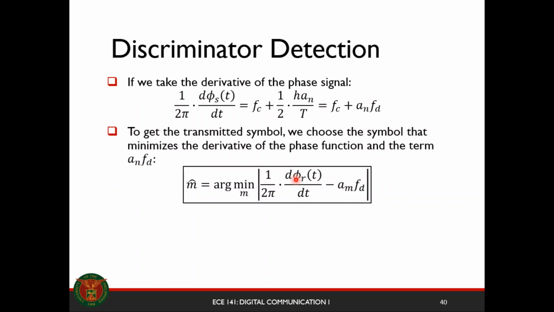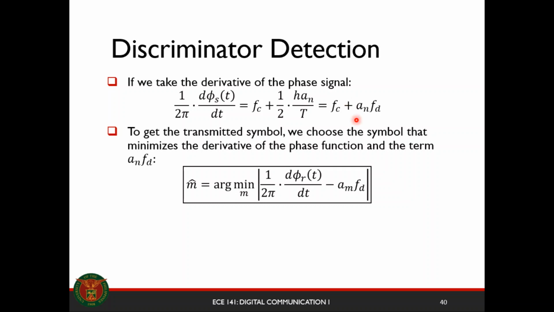A discriminator is wherein you use the derivative of the phase. And by using a discriminator, you can get the transmitted symbol by minimizing this expression inside. So if you get the derivative of phi s of t, you get the instantaneous frequency of your CPM signal. And that is equal to basically Fc, your center frequency, plus your symbol times the maximum frequency deviation.